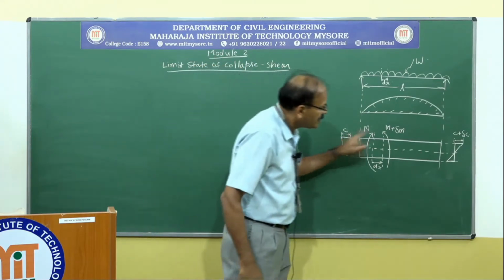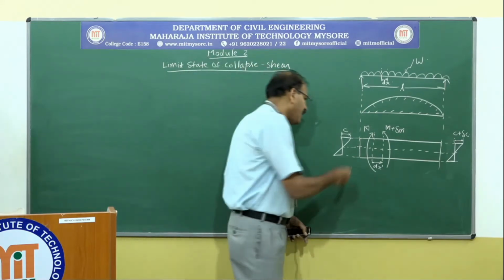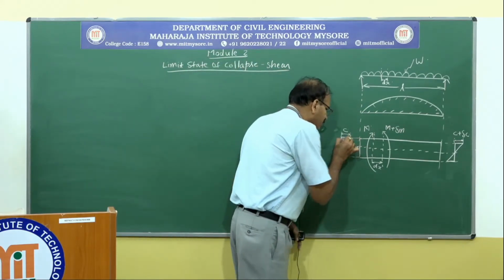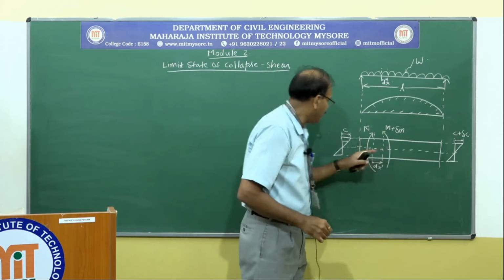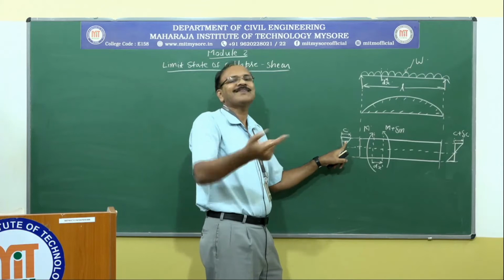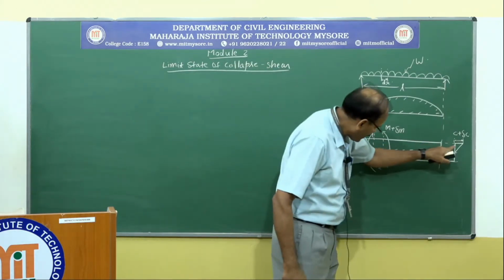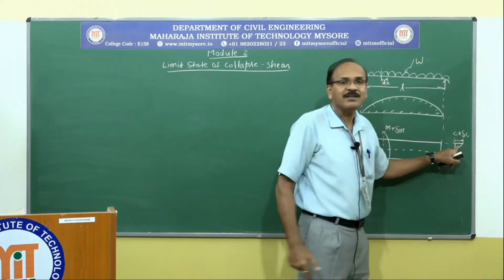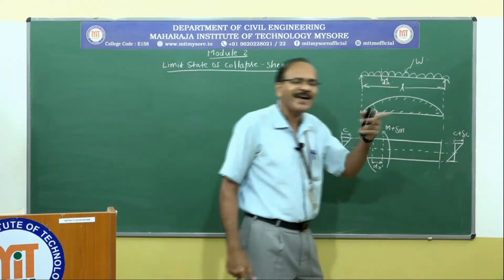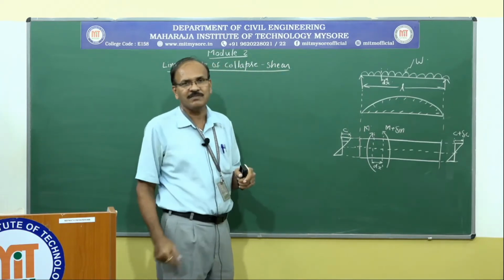So C here, C plus delta C here. If I take any fiber of the beam at this level, the stress will be some value, say C dash. And if you take at the same level here on this side, it is going to be C dash plus delta C dash. There is going to be variation.